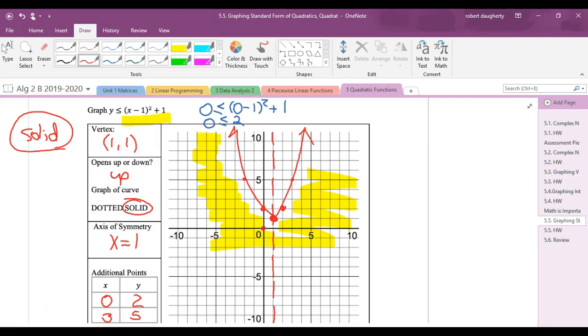Is 0 less than or equal to 2? Yes. That means the point 0, 0 is part of my solution. If this point is part of my solution, that means I'm shading all of this area. What if I got a false statement? Then where would I shade? Inside that parabola.